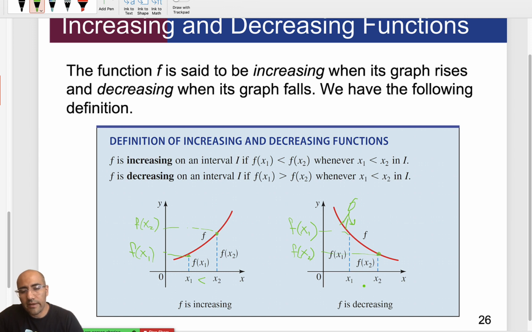Let me say that again. x sub 2 is bigger than x sub 1, but the outputs are the other way around. So whenever that's true, we have a case where the function is decreasing, right? f of x sub 1 is bigger than f of x sub 2 whenever x sub 1 is less than x sub 2, on that interval.